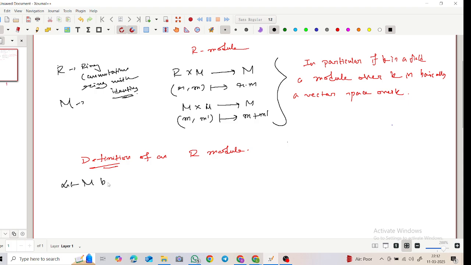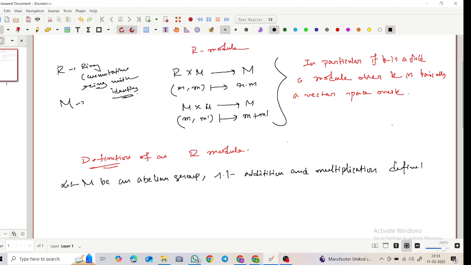Let M be an abelian group such that addition and multiplication, defined as above, satisfy the following.